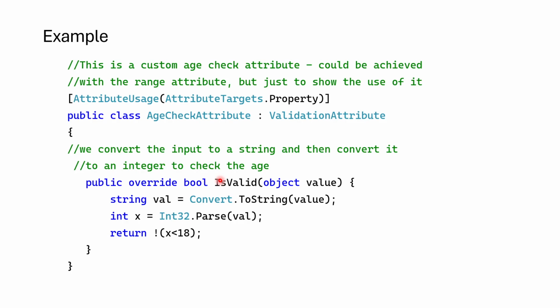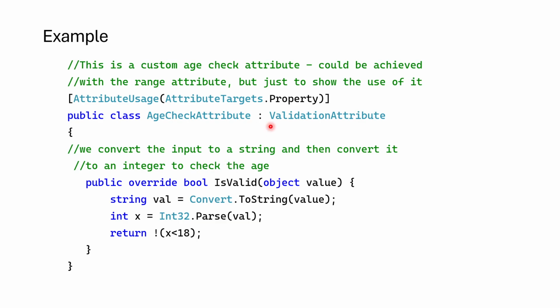But what are custom validation attributes? Here's an example of one. So I make a class, it's called AgeCheck attribute. It inherits validation attribute, and I override the IsValid method. So what this one does is it returns false if the person is less than 18. So you need to be at least 18 for this one to return true.